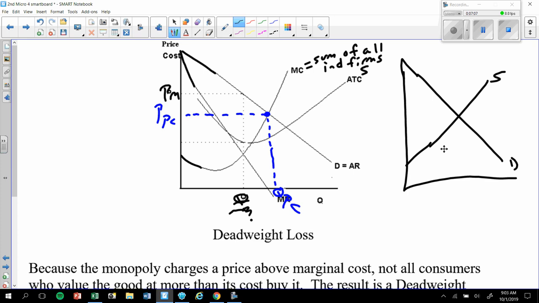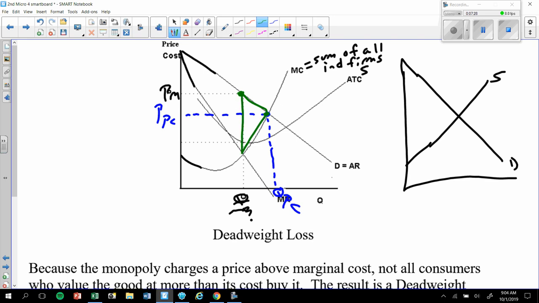If you take the magic deadweight loss tool right here, just point to where we are. We're at this point right there. Where do we want to be? We want to be at that point right there. Cover it up, and the part that you cover up is deadweight loss.